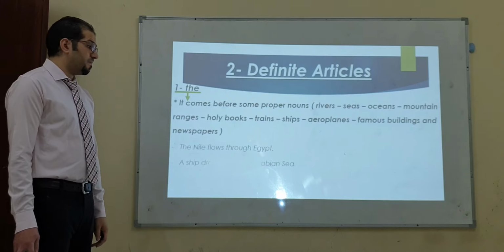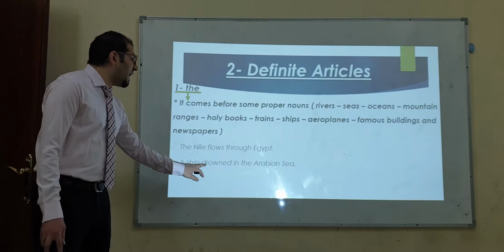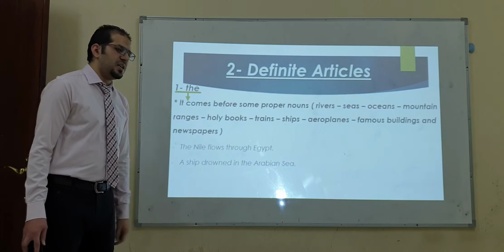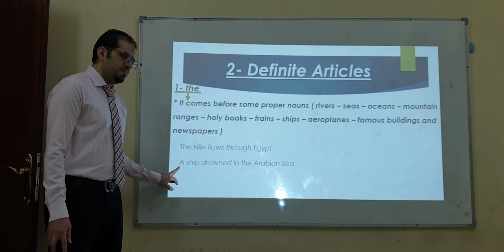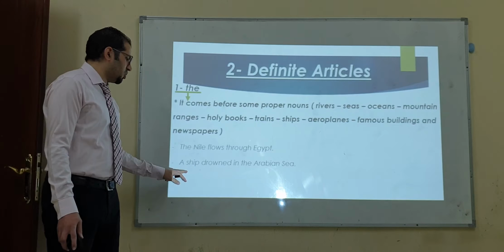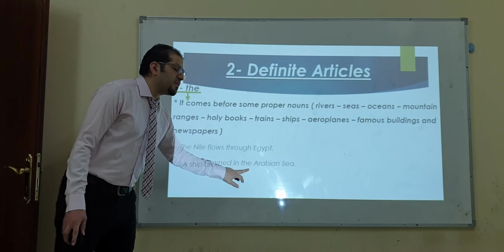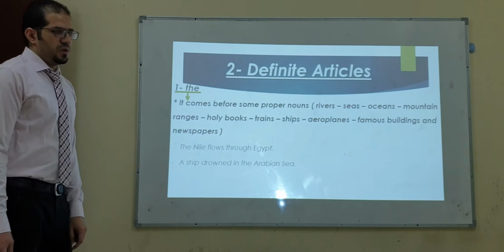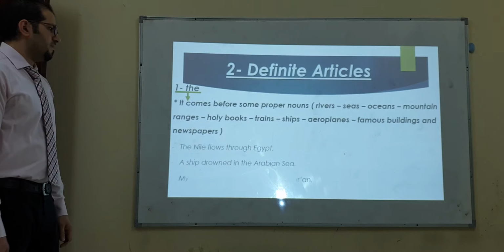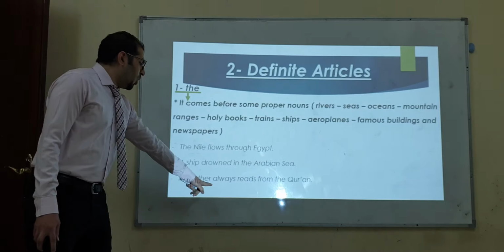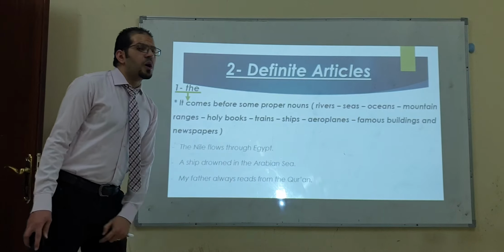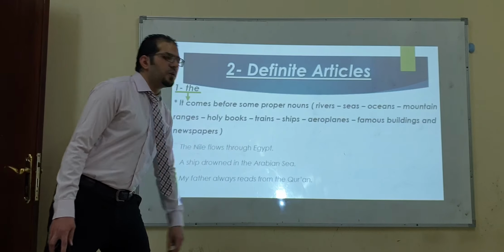River. A ship drowned in the Arabian Sea. A ship, any ship, I didn't mention which one, drowned in the Arabian Sea. Here, it's sea. My father always reads from the Quran, a holy book. You know it, of course.